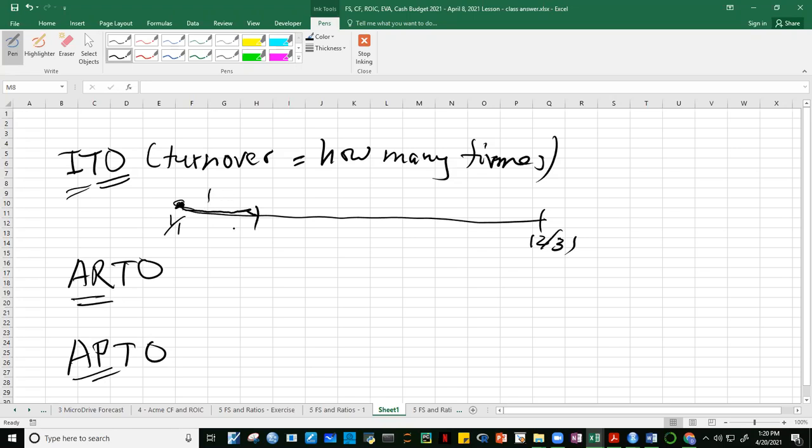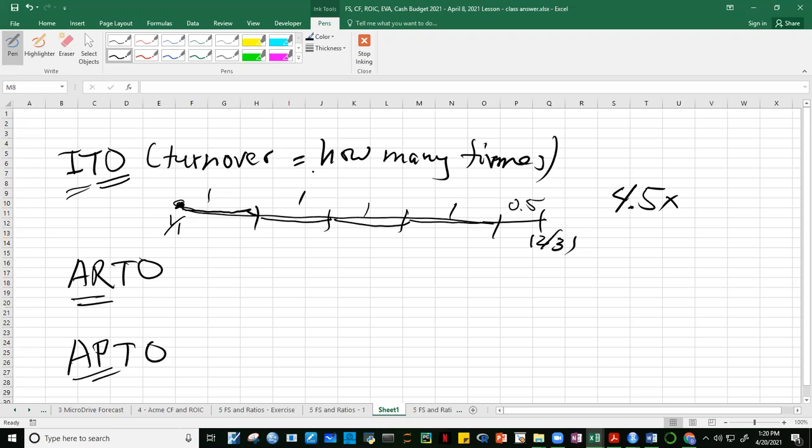That's one turnover, guys. And then another one, another one, another one. Then let's say this is 0.5. So this is 1, 1, 1, 1, and then 0.5. That means the company was able to turn over their inventory 4.5 times. So that's what we mean by inventory turnover.